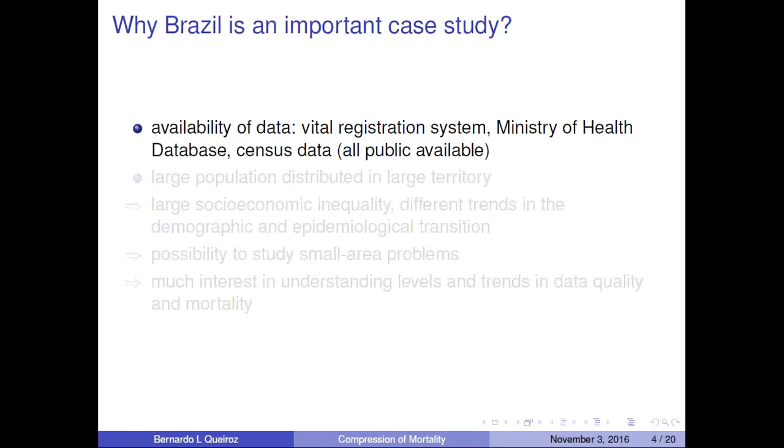And death counts, you can get from the vital registration system and from the Ministry of Health database. They come from the same event, but they go in different directions, and the Ministry of Health database is more reliable than the vital registration system. The main thing is that after a death happens, you get the document.